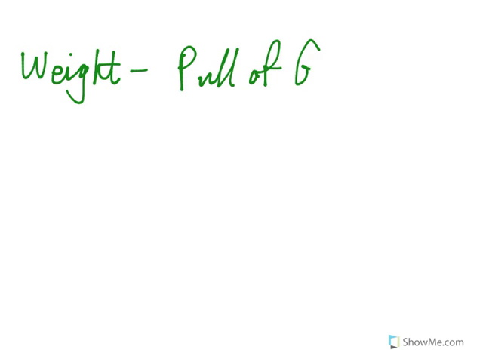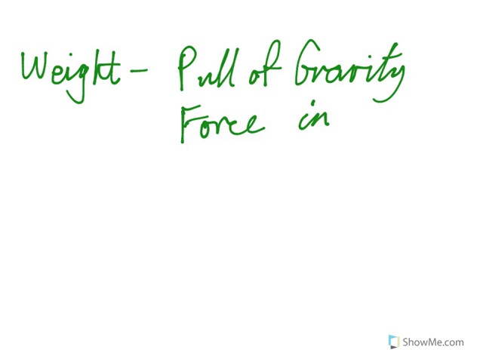Now, everyday language has this next one that's different to what we do in physics. In physics, weight is the pull of gravity. In everyday language, we talk about it as different, but weight is the pull of gravity, so it's a force, and it's in Newtons.